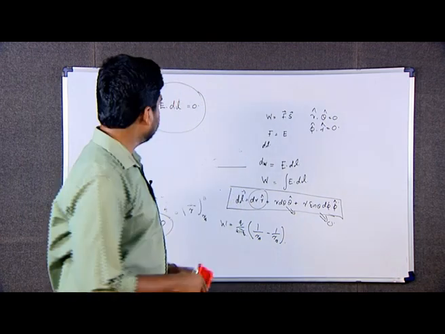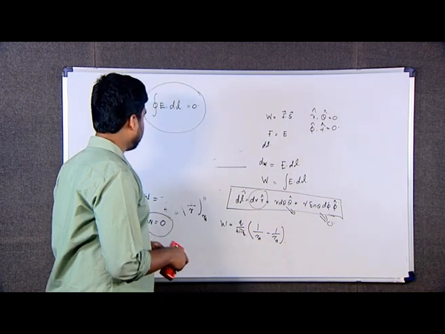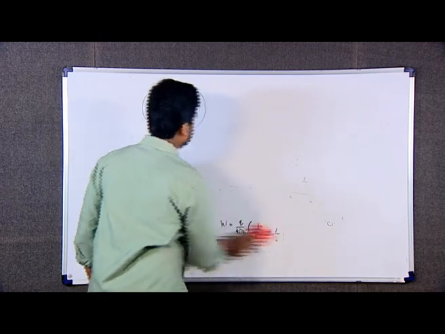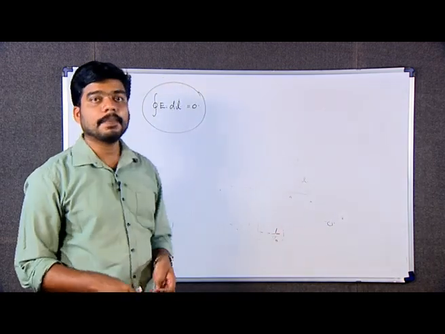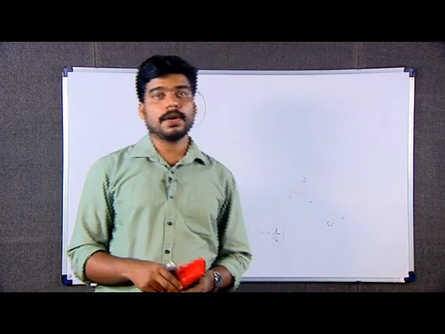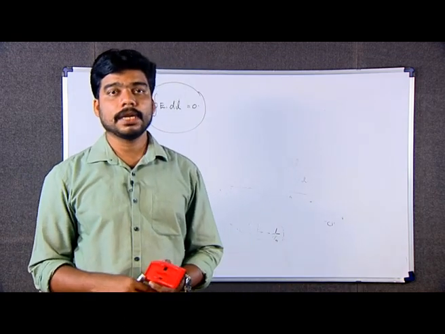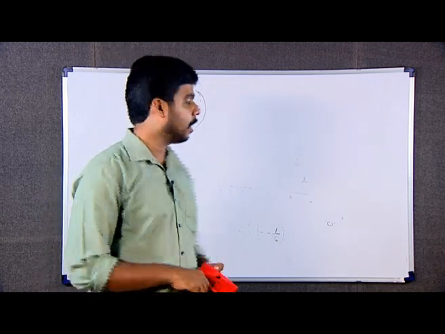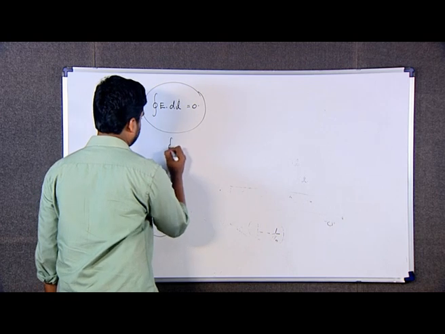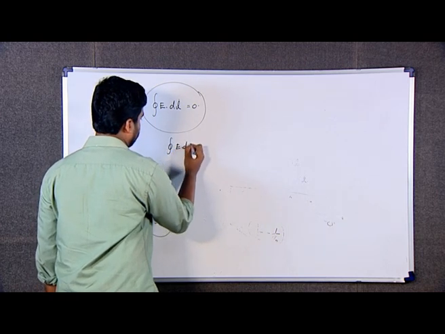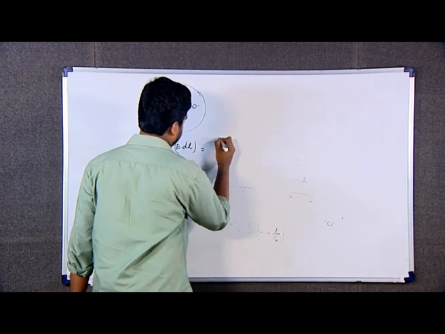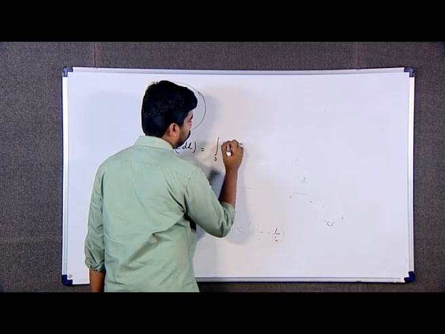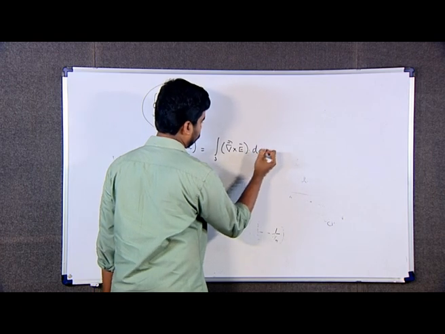Now, for this equation, apply the Stokes theorem. If I am applying the Stokes theorem, what will happen? The closed integral E dot dl will become the surface integral: closed integral E dot dl is equal to surface integral del cross E dot dA.